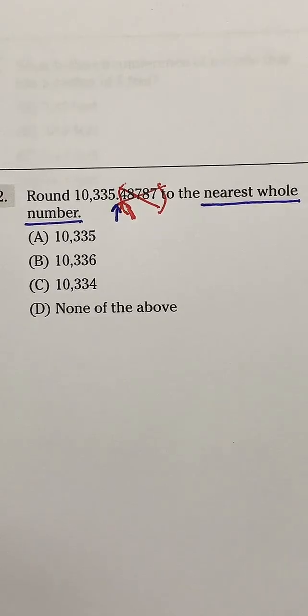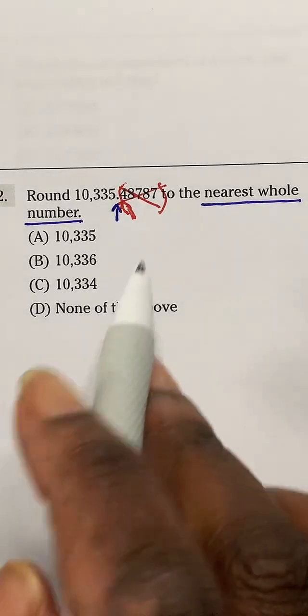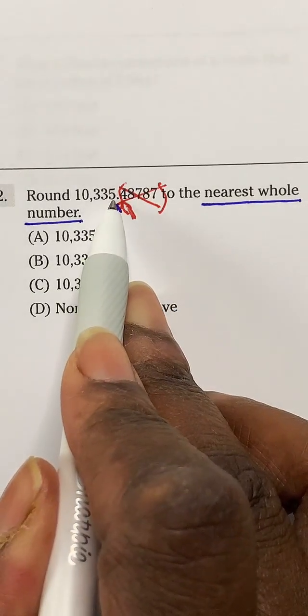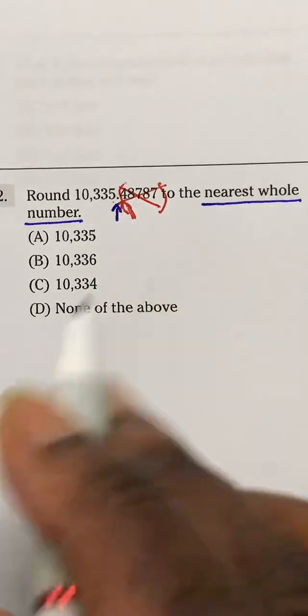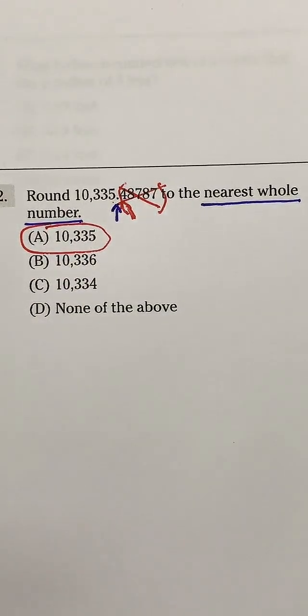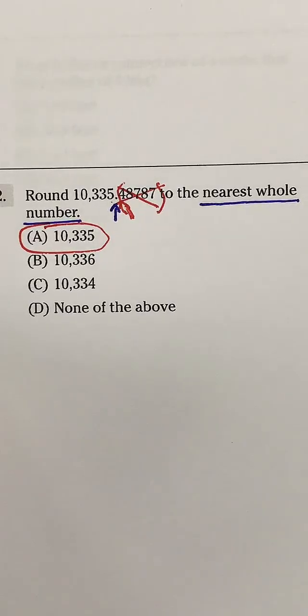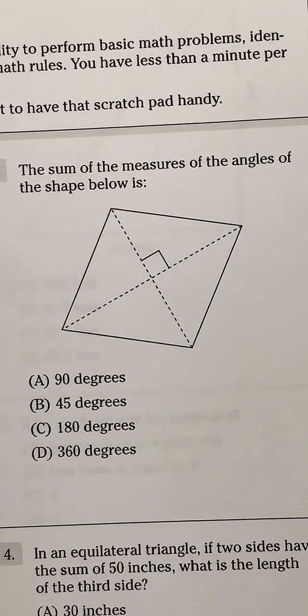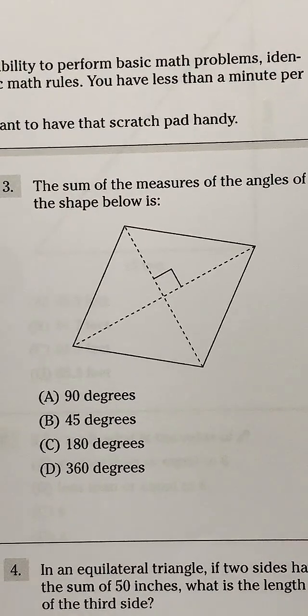But if it was a 5 and above, meaning 5, 6, 7, 8, 9, we would have to add 1 to the ones place. But that's not what's happening. We had a 4, so our answer is going to be A, 10,335. Just going with that reference. Now, here we go with number 3.